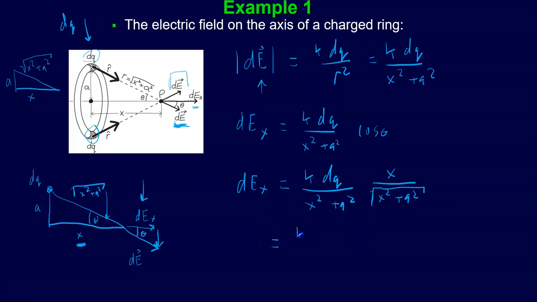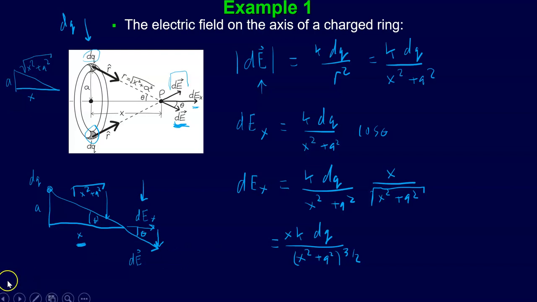And just like we've done before, I can pull the x over here, and then get kind of fancy and put the x squared plus a squared together to the 3/2 power. And that is my dEx from just one of my three pieces.